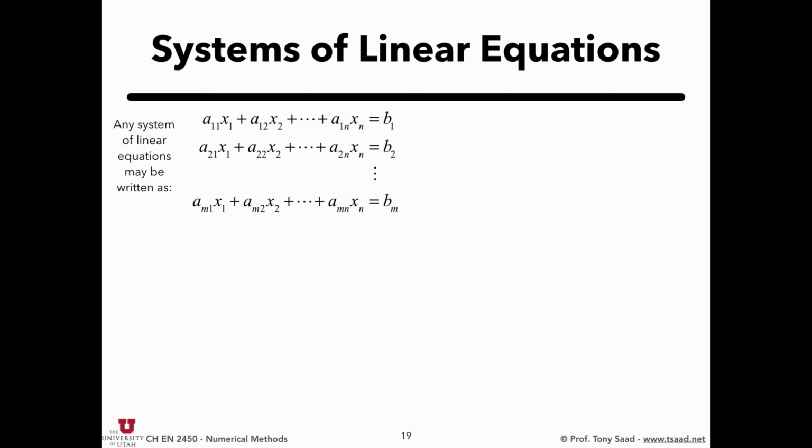And rather than having numbers for the coefficients, I'm going to pick A and give it two indices, ij, and then you will have a system of equations that looks like this: a11 x1 plus a12 x2 and so on, all the way to a1n xn. So we have n unknowns equal to b1, but then in equation 2, we switch the indexing.